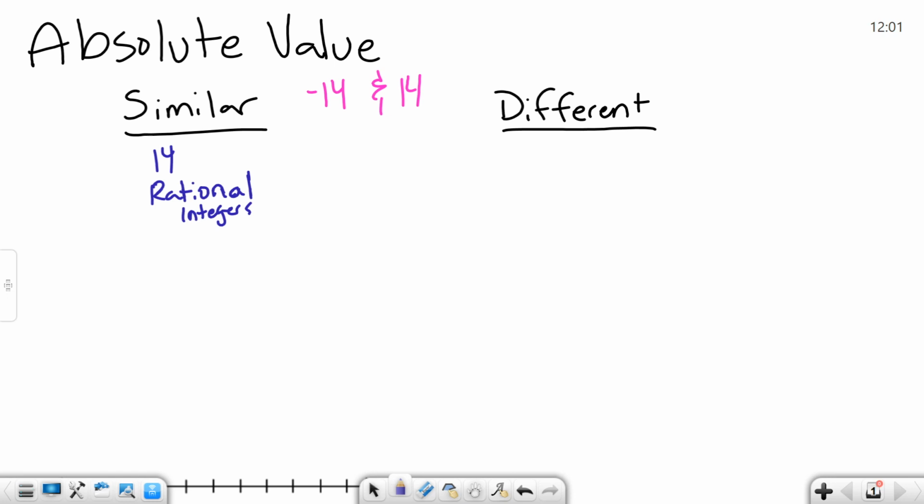What you might have noticed that's different is their sign, and not astrological sign, but one of them is negative and one of them is positive.